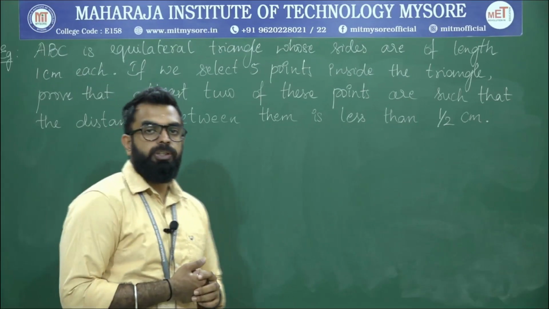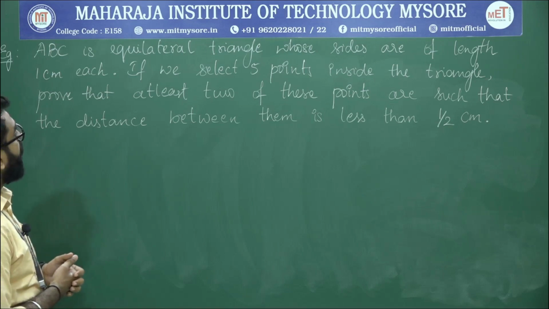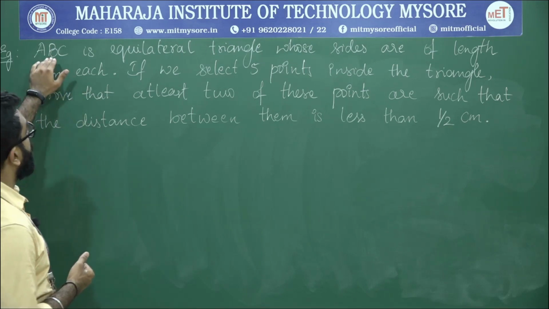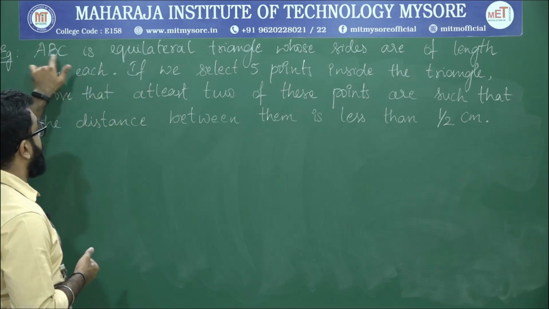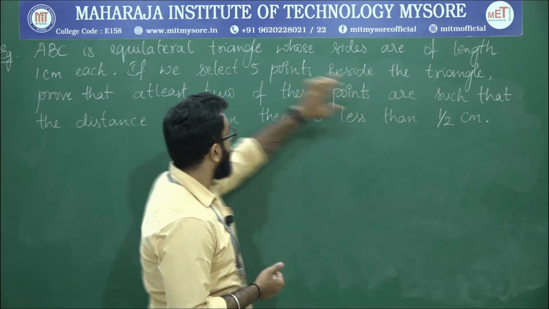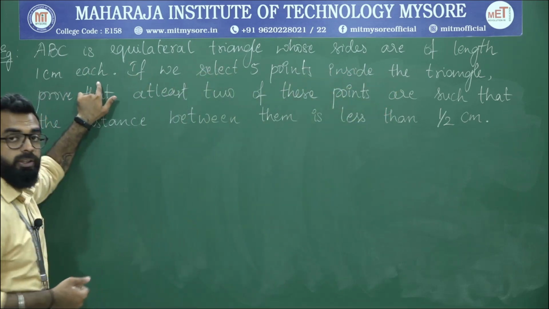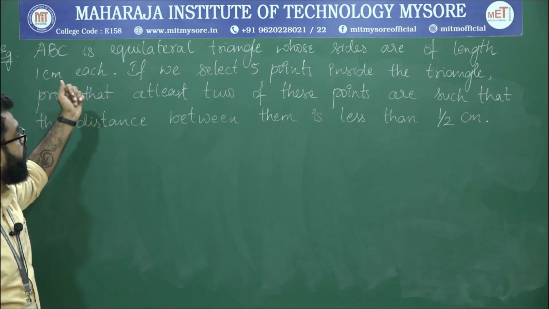To understand the pigeonhole principle more clearly, we will consider an example. It is given that there is an equilateral triangle ABC whose sides are of length 1 centimeter each. When we say equilateral triangle, all the sides are of the same length.